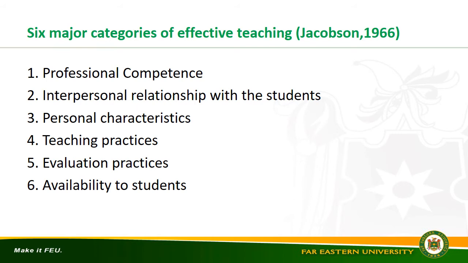The second one is interpersonal relationship with the student. This is also a good foundation when we establish mutual trust and mutual respect with each other. This is a very important thing that we should establish in order to attain whatever goals we want to achieve. The third one is personal characteristic.